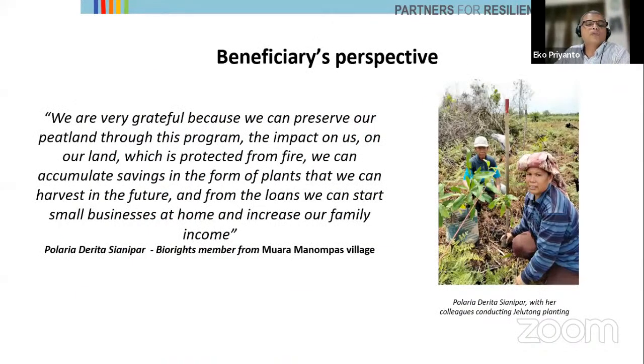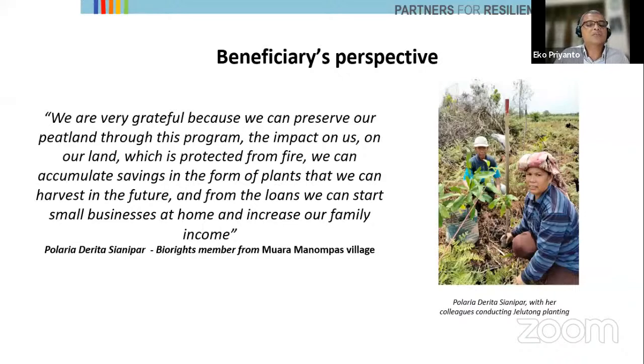We are very grateful because we can preserve our peatlands through this program. The impact on us, on our land, which is protected from fire, is that we can accumulate savings in the form of plants that we can harvest in the future. And from the loans, we can start small businesses at home and increase my family's income, says Polaria.